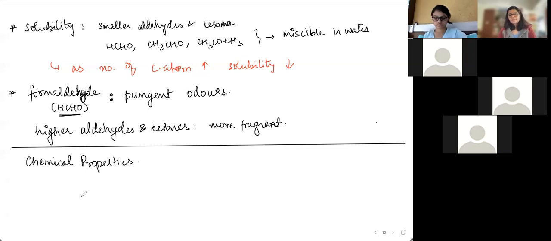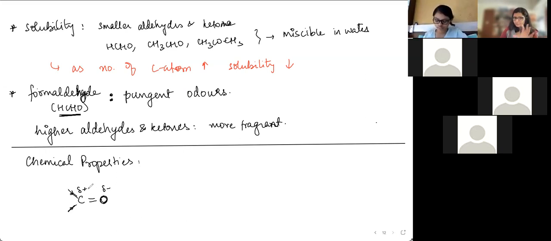So remember when we were discussing the structure, this oxygen is highly electronegative. So this becomes delta negative. There's a slight positive charge on the carbon. So this defines a major portion of the reactions. And as a consequence of this being positive, it tries to pull the electrons from the neighboring carbons.